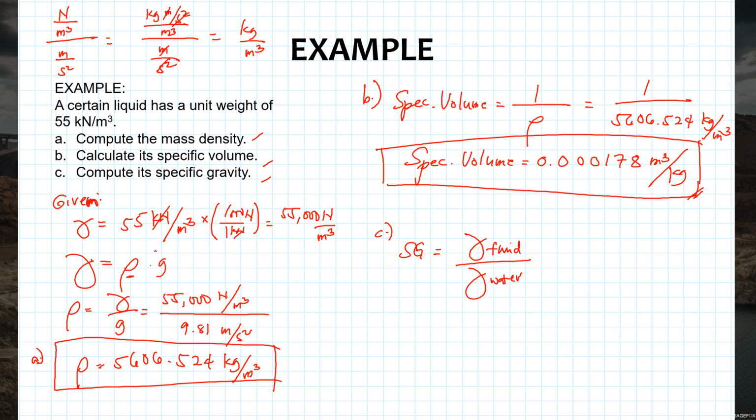Since the unit weight of the fluid here is already given as 55 kilonewtons per cubic meter, we can already use that. 55 kilonewtons per cubic meter is divided by the unit weight of water at standard temperature, 9.81 kilonewtons per cubic meter. So the specific gravity is equal to 5.606.